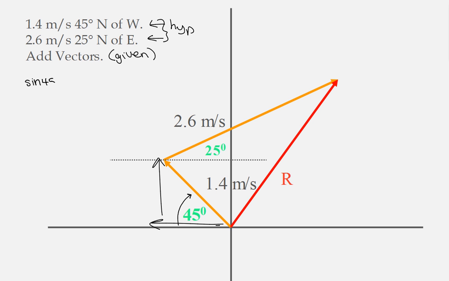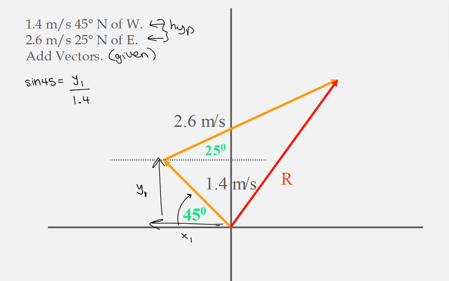Sine of 45 equals, I'll call this one y1, I'll call this one x1. Sine of 45 equals y1 over 1.4. Are you guys okay with that trig? Opposite over hypotenuse, this is good? People nod your head. Okay, awesome.